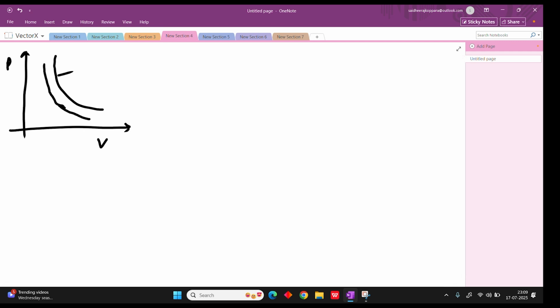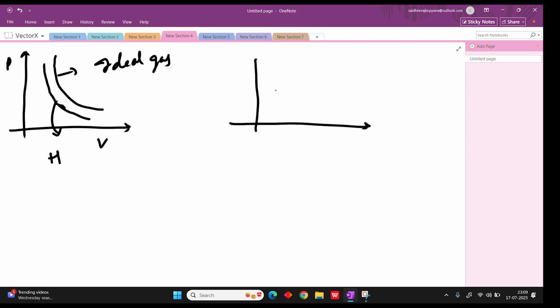So this is for your ideal gas and this is for your hydrogen gas. And the same thing doesn't happen for either hydrogen or helium. If this is your ideal gas, then this will be your real gas.